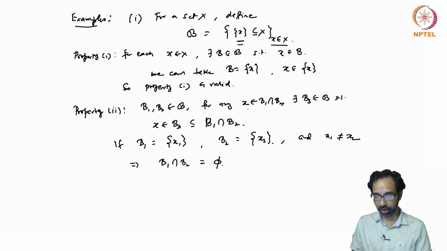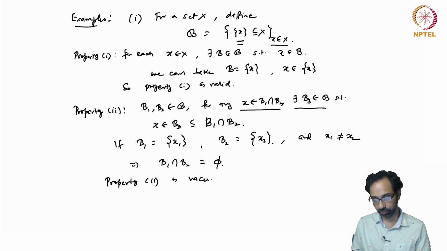So this condition, that for any X in B1 intersection B2 there exists a basis element which contains it, is vacuously satisfied if X1 is not equal to X2. So property 2 is vacuously true for this case.